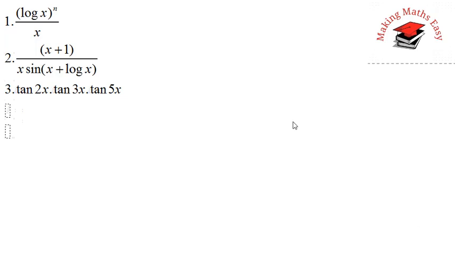The first sum we have here is (log x)^n divided by x.